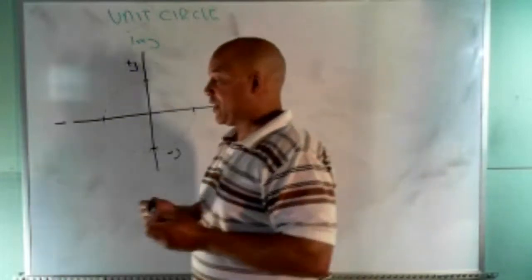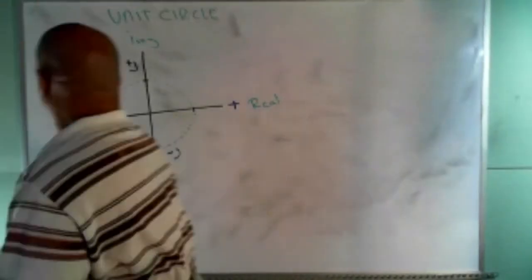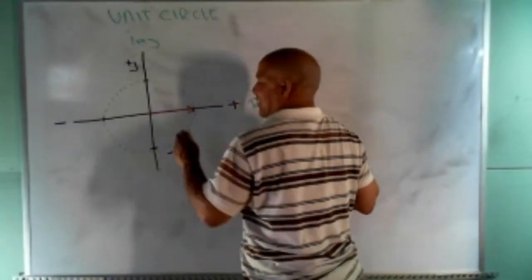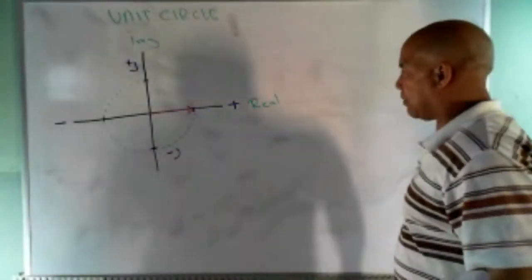Now what you can do is take this radius vector and start it over here, call that the standard position, just to call it something.